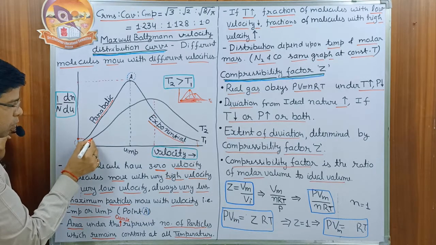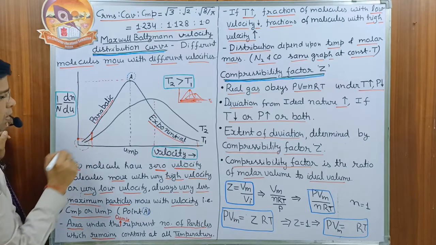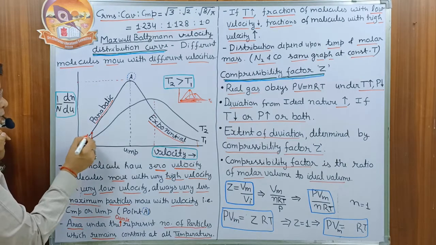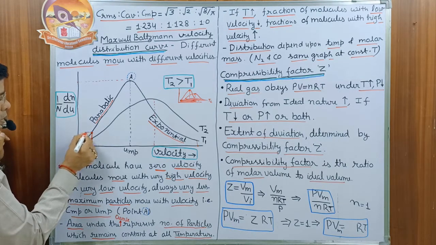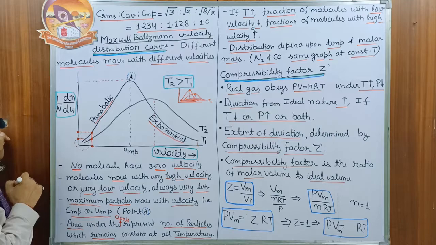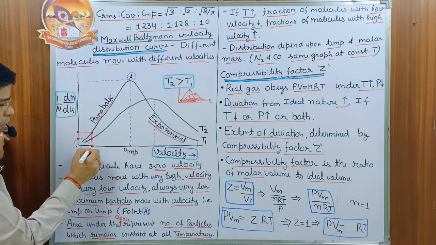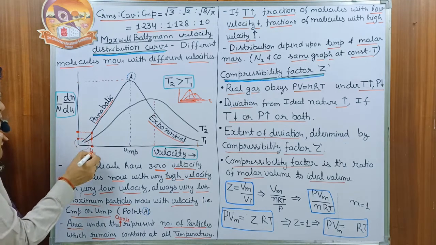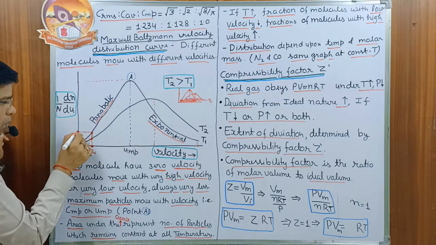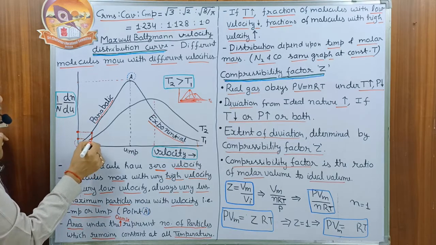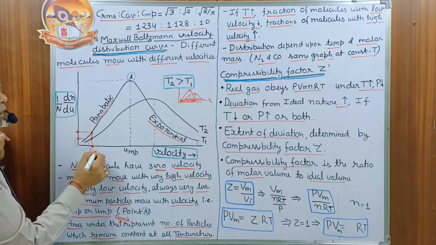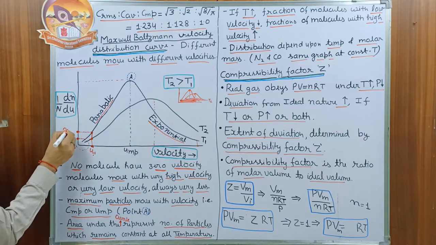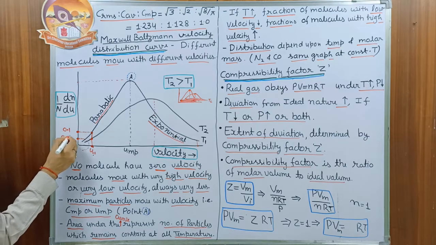Look, T2 is the higher temperature and T1 is the lower temperature, and this is the very low velocity u1. So at the lower temperature T1, the fraction of molecules which move with velocity u1 is more, but the fraction of molecules which move with velocity u1 at the higher temperature T2 is less. Suppose this is 0.1, then this may be 0.05.